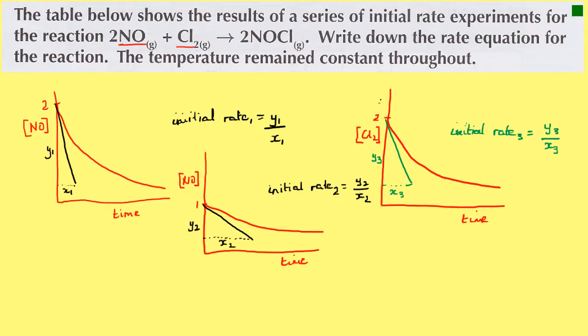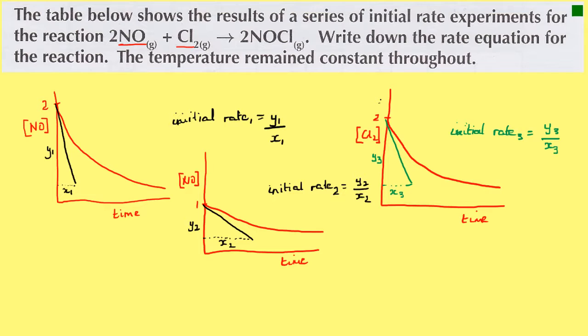For example, one might take the concentration of nitrogen monoxide and measure that over time, and it might start out at, let's say, 2 moles per decimeter cubed, and that might have a concentration time curve such as that, in which case we would take our tangent at the initial conditions and work out the gradient.